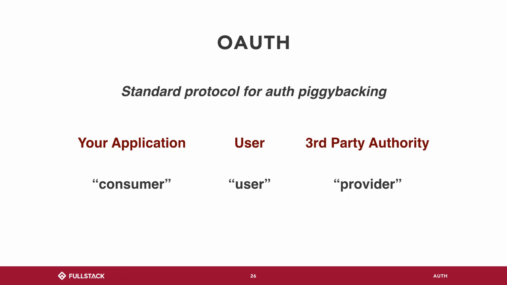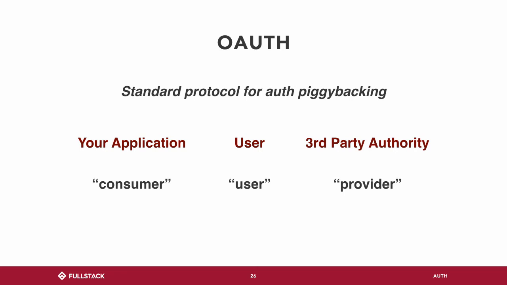And let's talk about these three terms here. We've got the application that we're writing that we want users to be able to log into. So we've got our application. This is going to be the consumer. We've got the user who's going to be the end user. This is whoever is sitting in front of the browser interacting with our application. And we've got a third-party authority that, let's say, a lot of users have accounts with already.